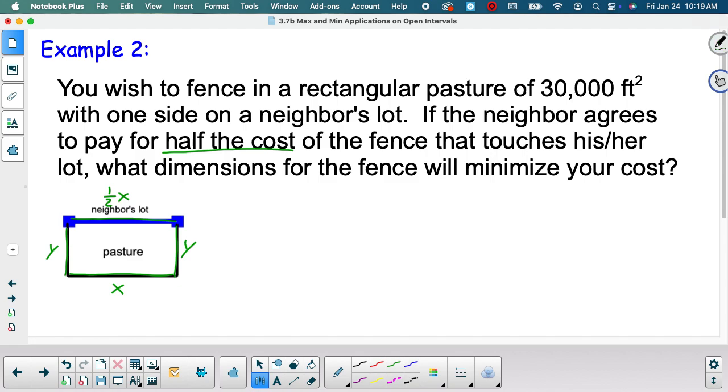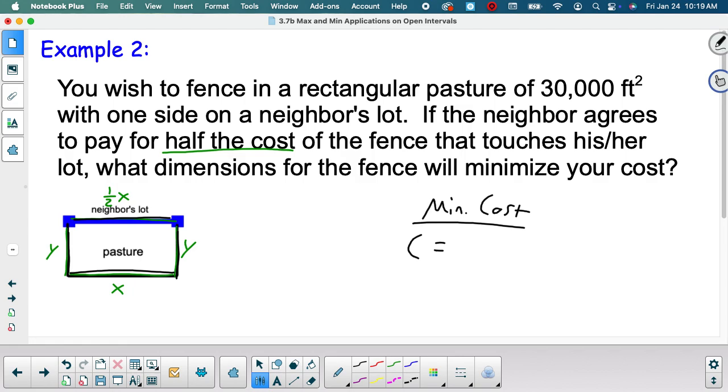And so as I look at it again, what am I trying to minimize? Well, I'm trying to minimize the cost. If I start writing an equation, the equation for cost really is, I have to pay for the cost of this side, pay for the cost of that side, this side, I have to pay for half of it on that side. It's really a perimeter formula is what the cost is.